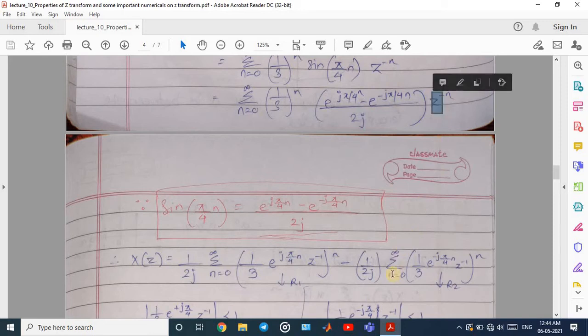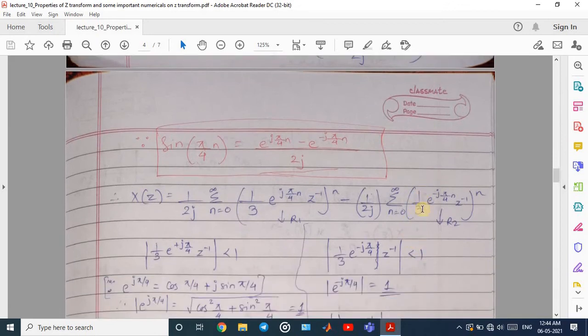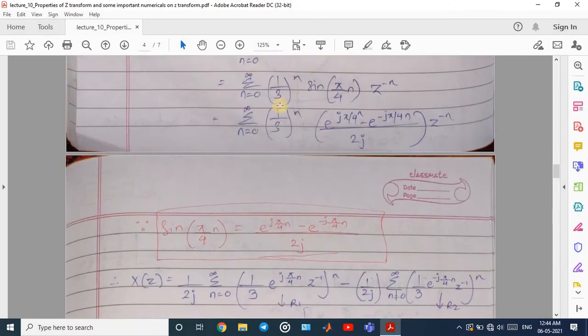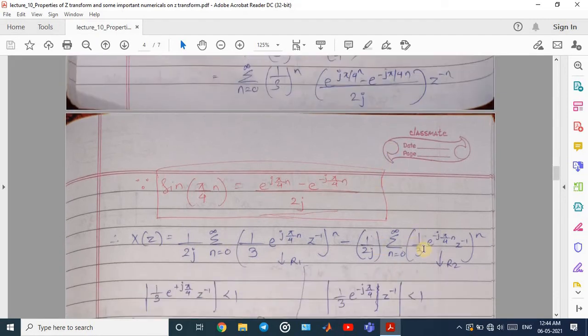So summation of n equals 0 to infinity 1 upon 3 into this term, it will become e to the power minus j pi by 4 n, and z inverse taken, so that we will get power as small n.